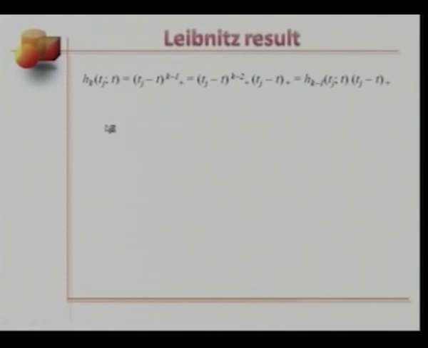A B-spline basis function would be the kth divided difference of this truncated function of degree k minus 1. Let's try to compute the kth divided difference of hk tj colon t.